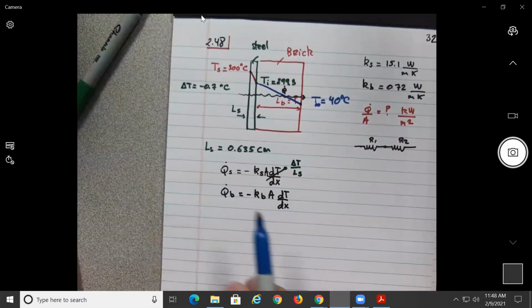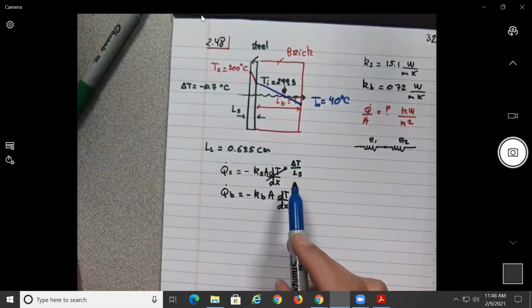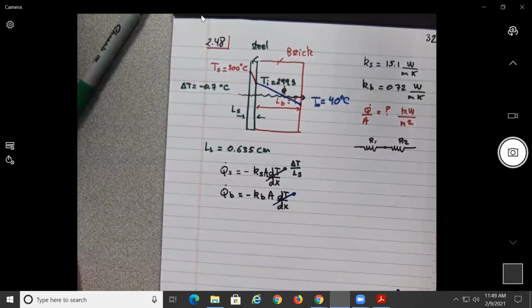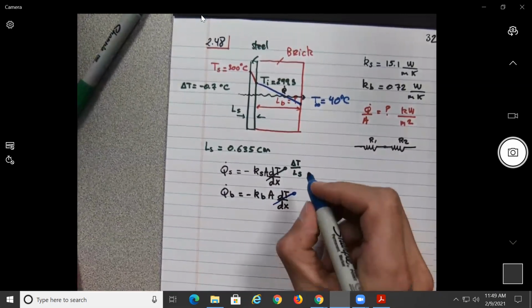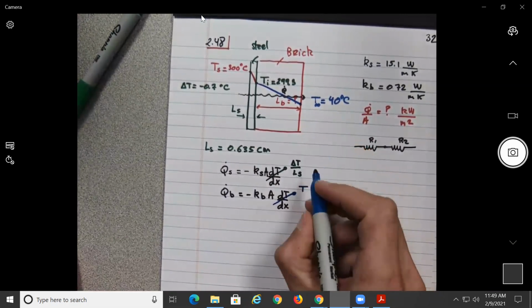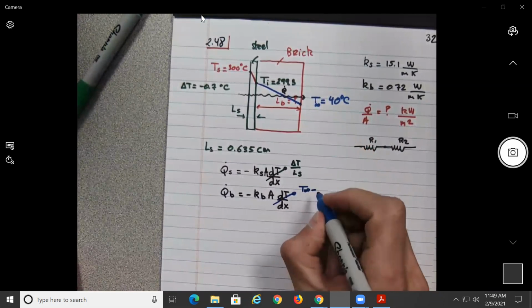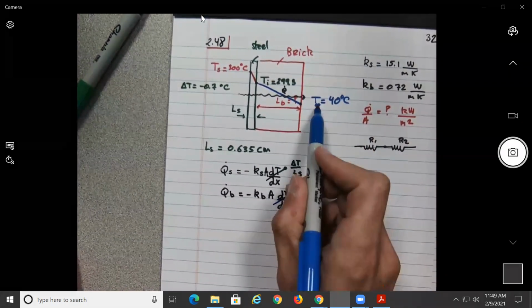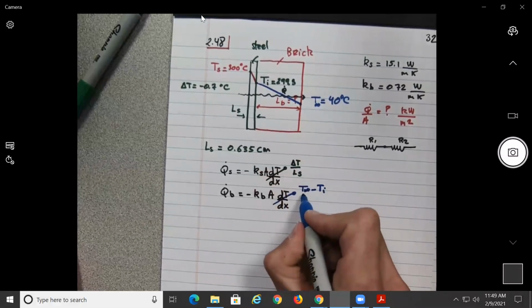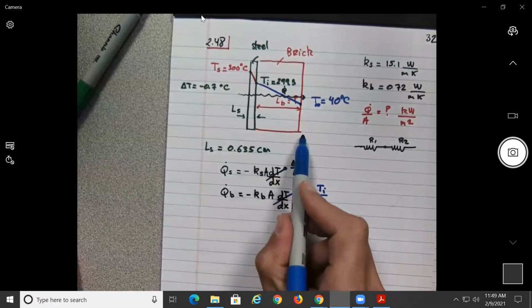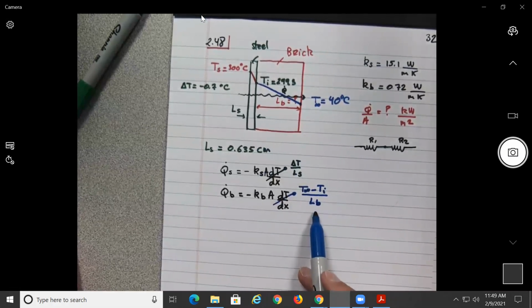So what would that be? If we use a negative value, it should be T infinity minus T inside, correct? This one minus the one inside, divided by the thickness of the wall, which is L sub B.